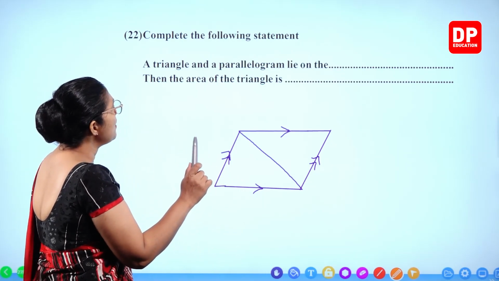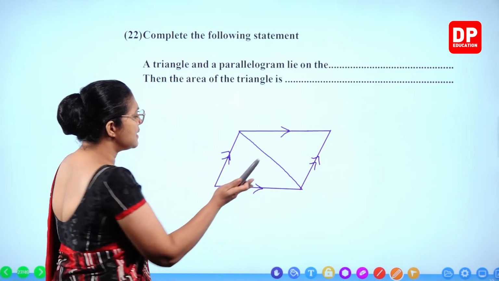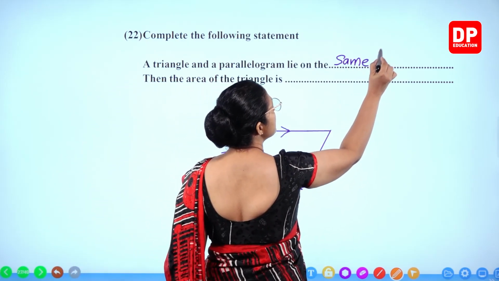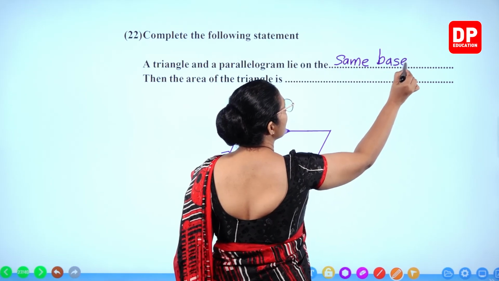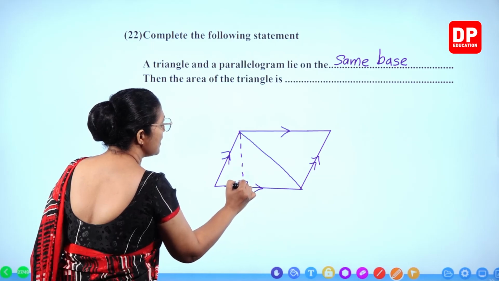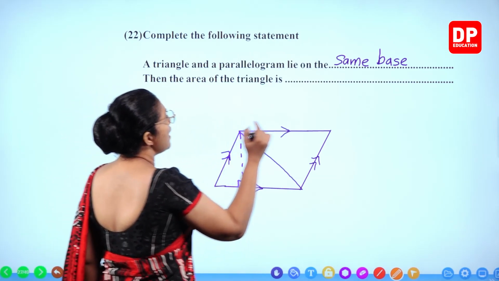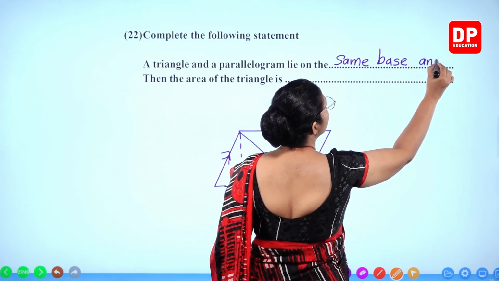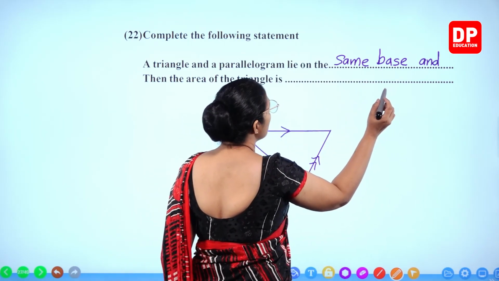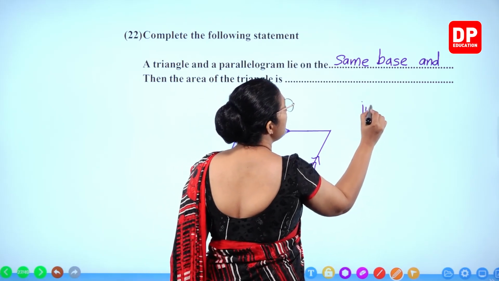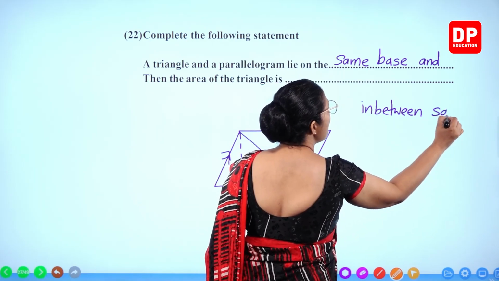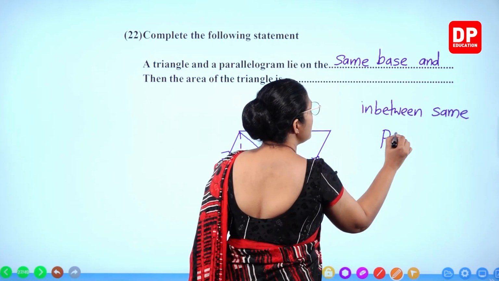If a triangle and a parallelogram lie on the same base, so you have to write same base and in between same parallel lines.